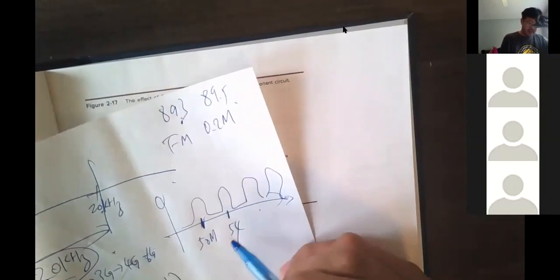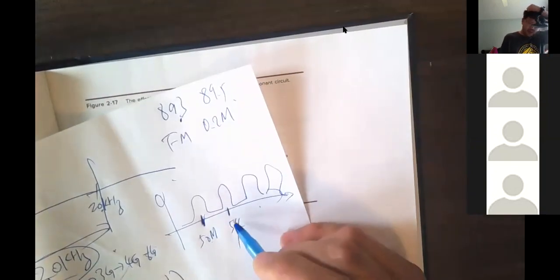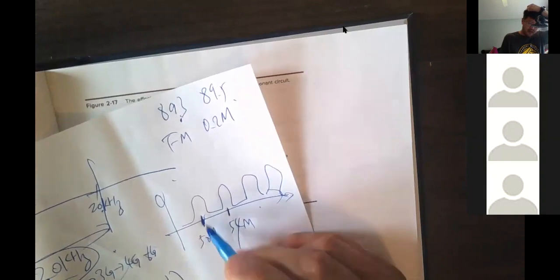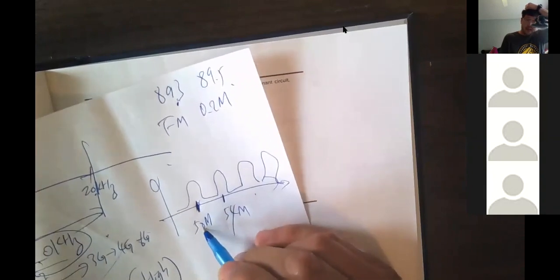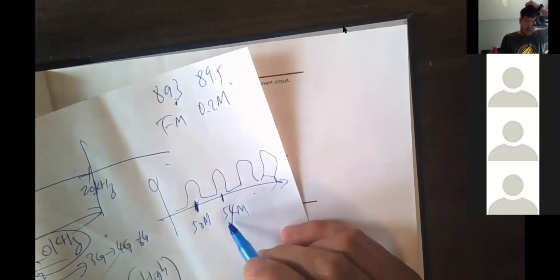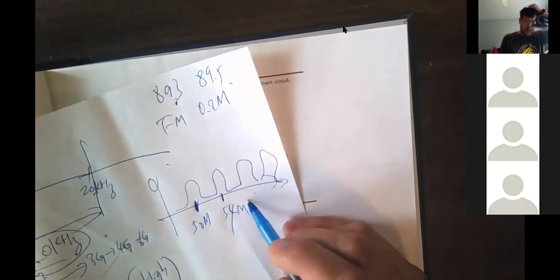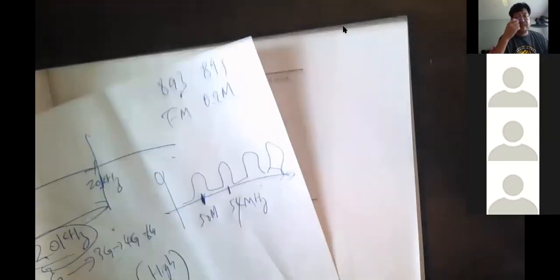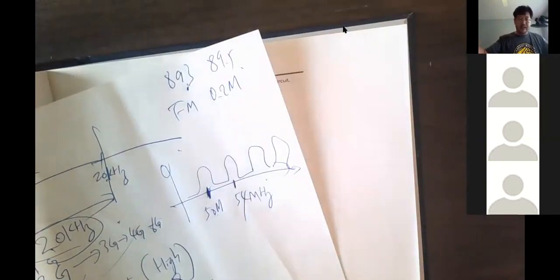But for television, you are at 50 megahertz and your neighbor is at 54 megahertz. It's 4 megahertz apart. It's like you have a bigger yard, right? Why do you need a bigger yard?